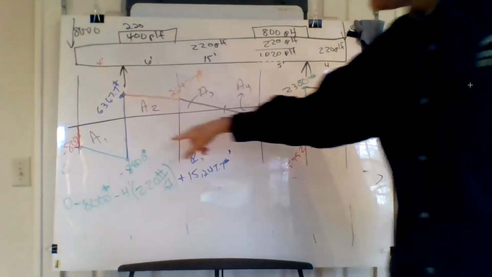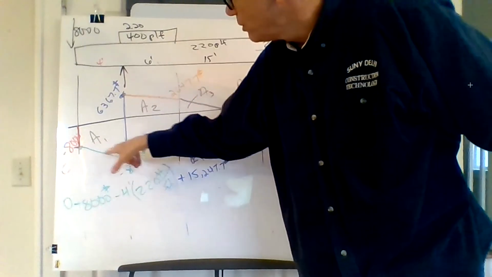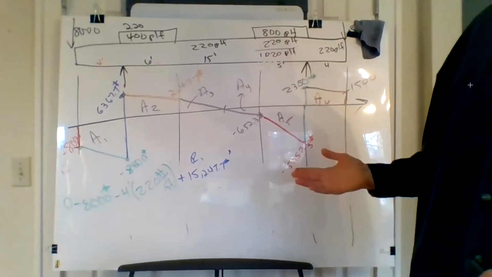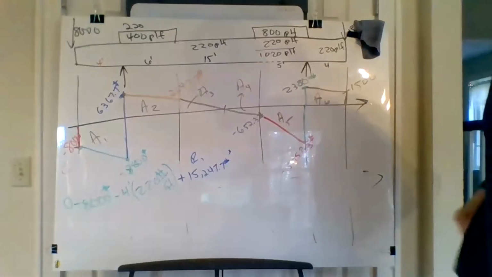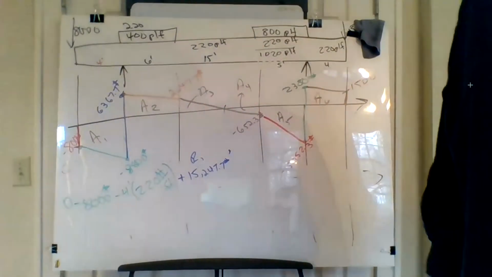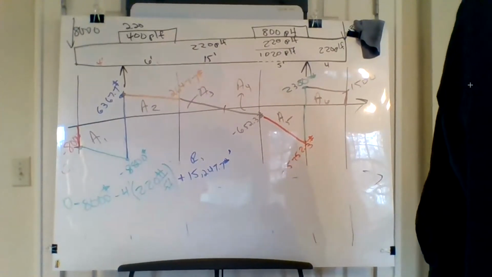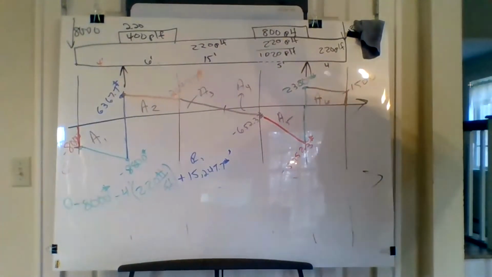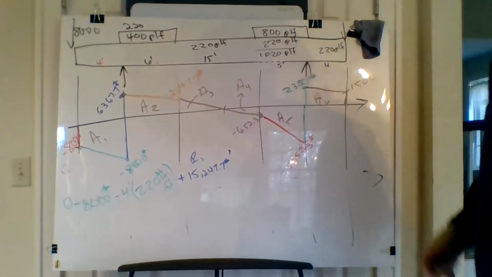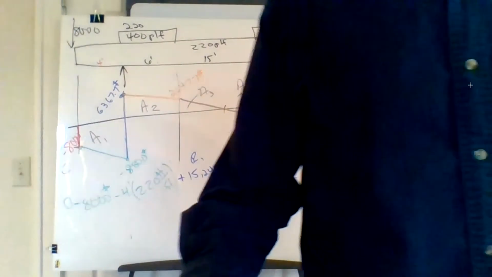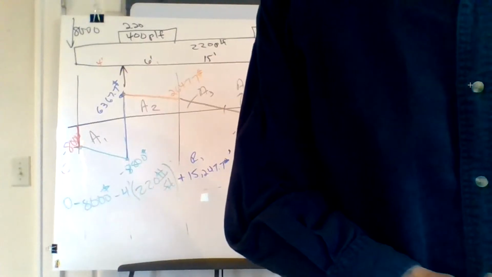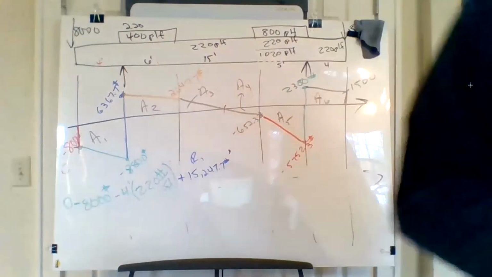So the area for any one of these is the average of the shears times the distance. And that's how you calculate the areas. And you have all the calcs for the areas on your handout. Okay? So practice that. And there's a fair number of questions on that. Okay? Any questions on the shear?